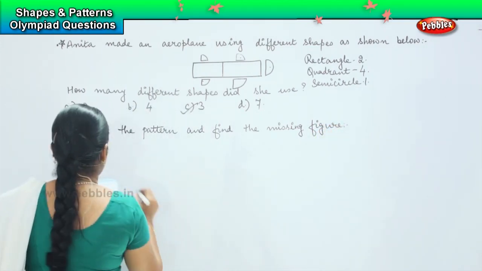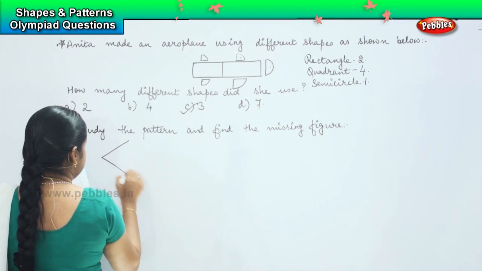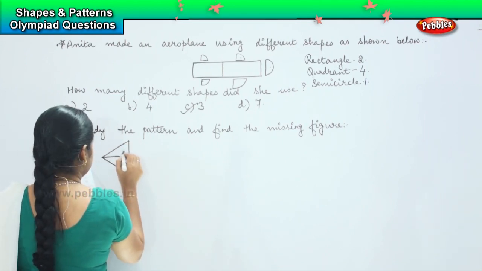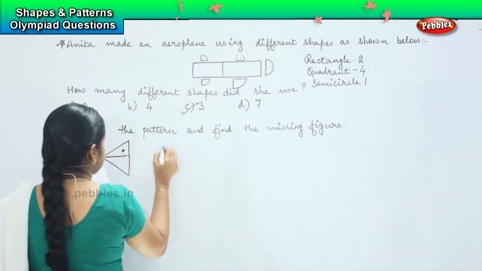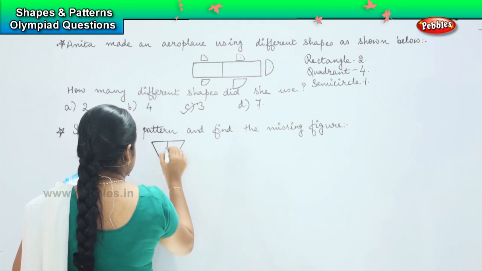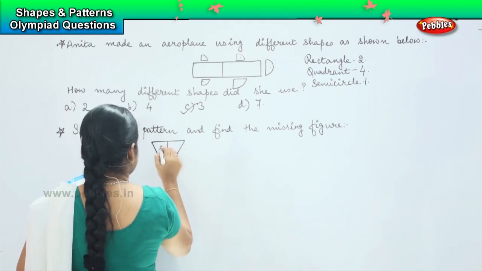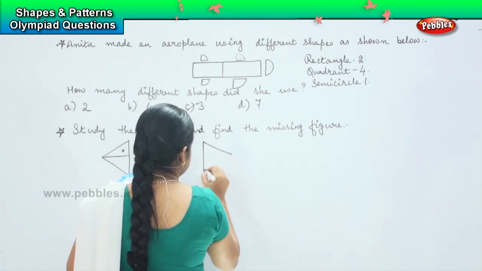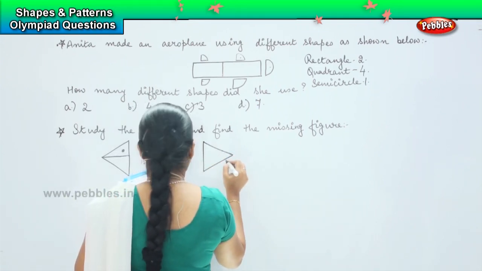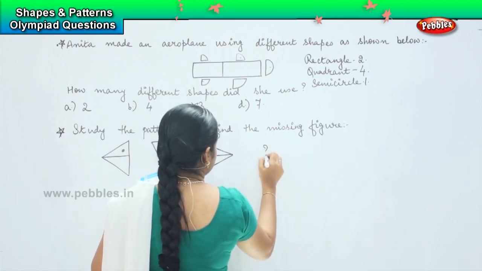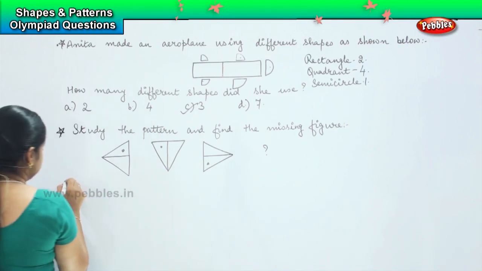Okay, and now this is your figure. 1, 2, 3, and then you need to find the missing one.